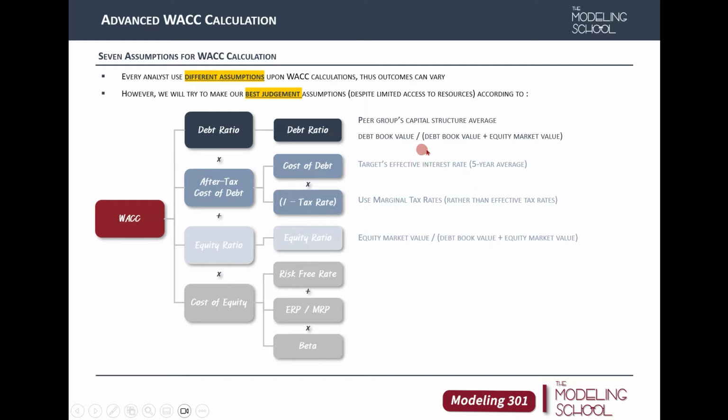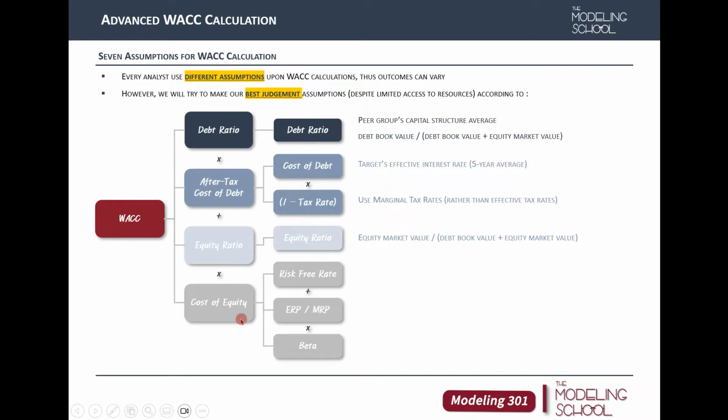In other words, we're going to divide interest expenses for the past 5 years by average total debt outstanding. Of course, if you have yield to maturity data or recent information about the company's cost of debt, you can also use that information as well. But we're going to just try to utilize the data that we can have access to as a general investor.